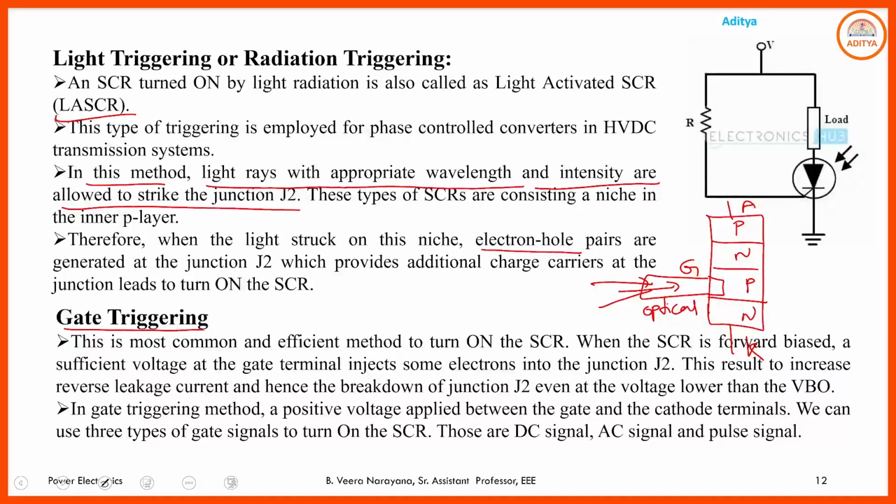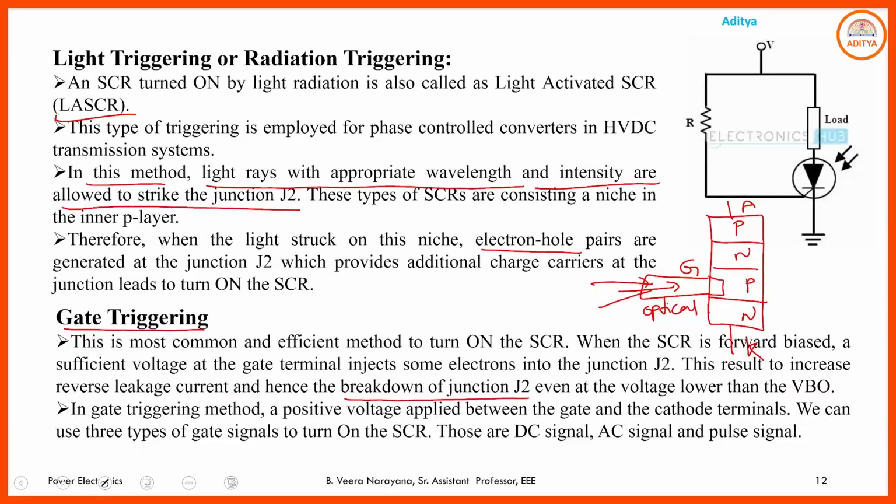Then the gate terminal injects electrons into the junction J2, which increases the reverse leakage current, and hence the breakdown of the junction J2 takes place, below the forward breakover voltage. So in the gate triggering method, a positive voltage is applied between the gate terminal and the cathode terminal.